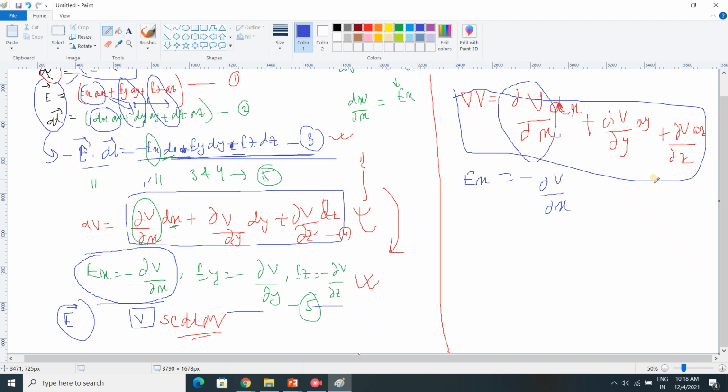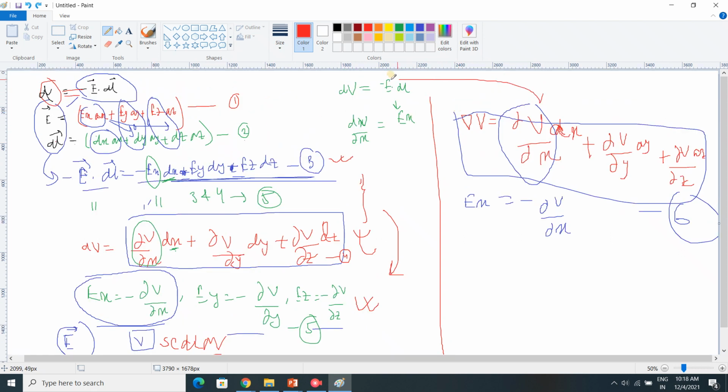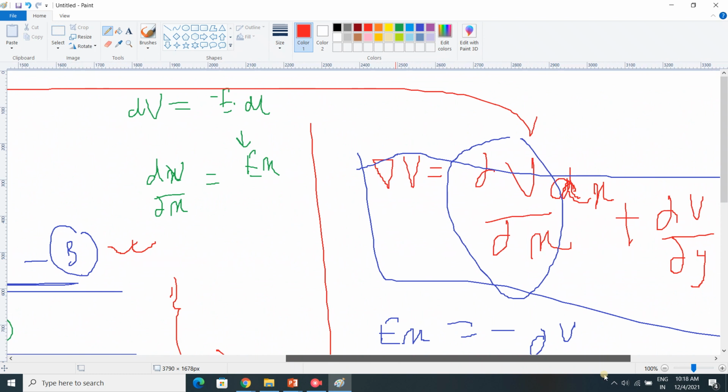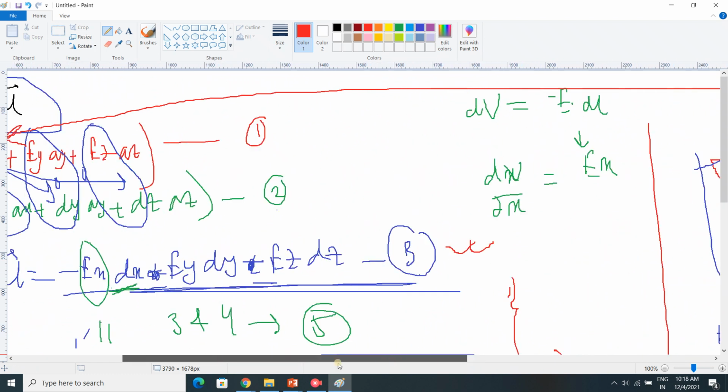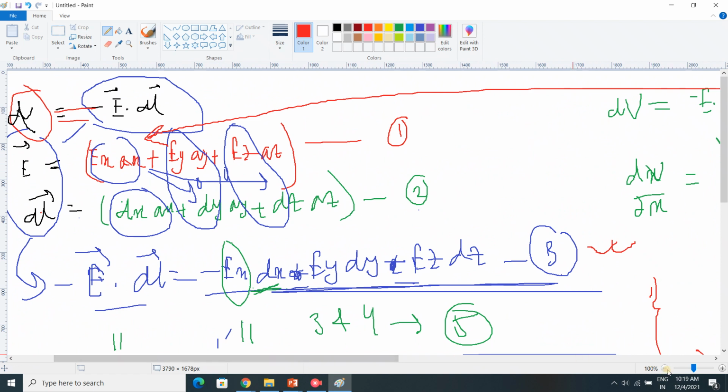Suppose this is equation number 6. If I replace this part in equation number 1, that means I am replacing this particular part in equation number 1.